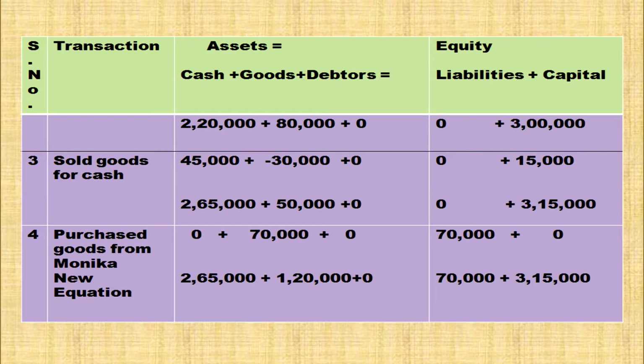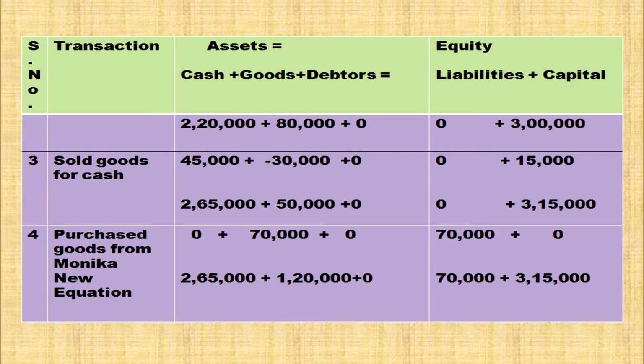Next transaction, purchase goods from Monica. Goods are coming inside the business, so goods worth rupees 70,000. So in the goods column, I have added 70,000 and it is purchased on credit, so creditors increase, liability increases. So in the liabilities column, I have added 70,000.